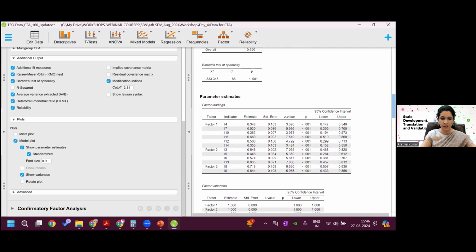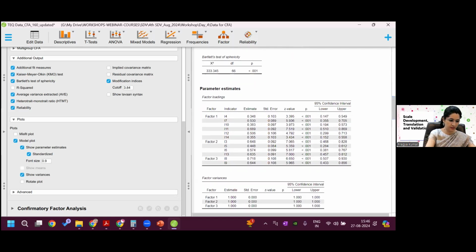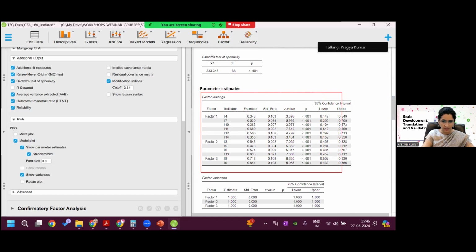Coming to the parameter estimates. This table is like a regression table, where these are the factors, these are the indicators, these are the standardized loadings. This is the standard error, Z value, P value, and the 95% confidence interval.